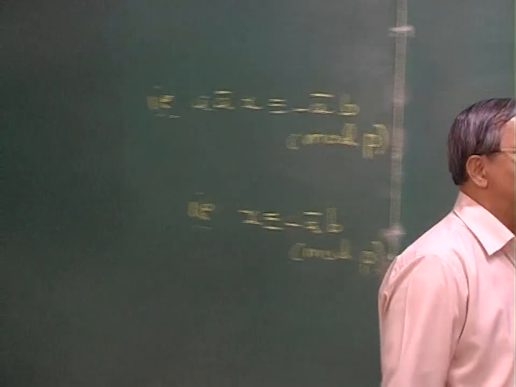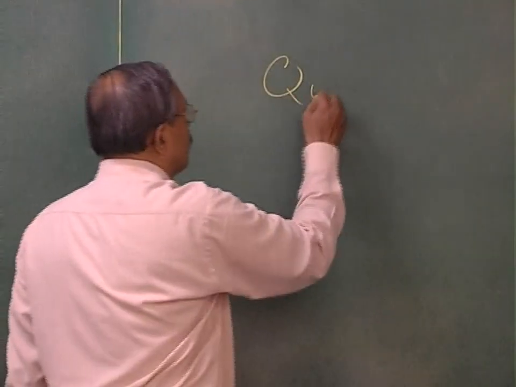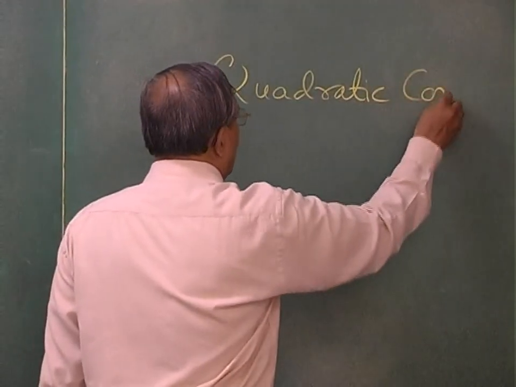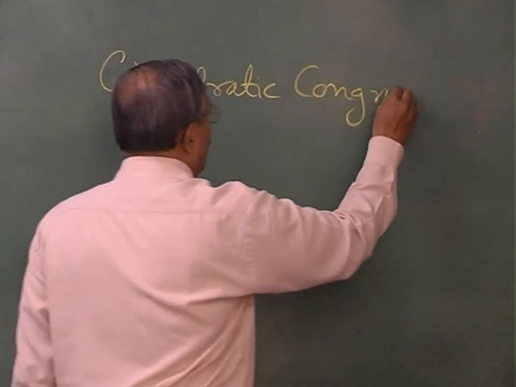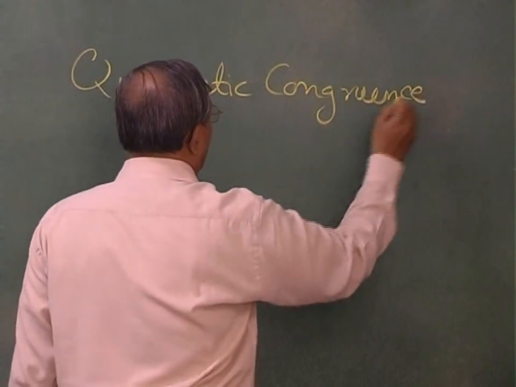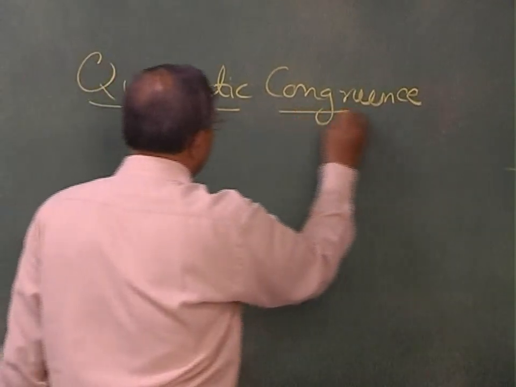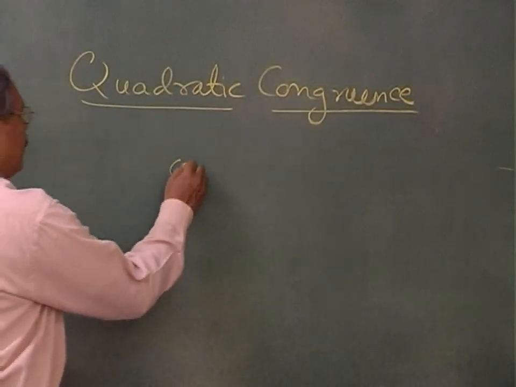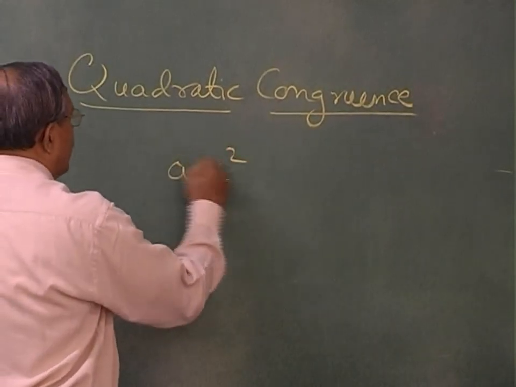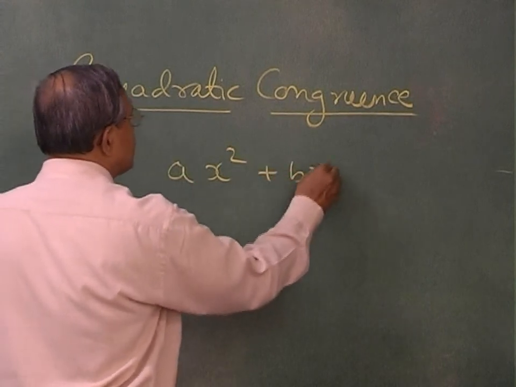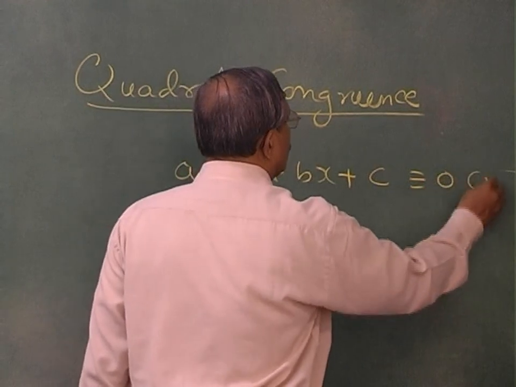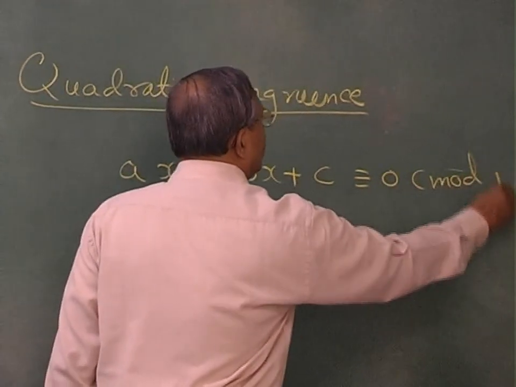So the next thing is quadratic congruence. There you will have a congruence equation like ax square plus bx plus c congruent to 0 mod p.